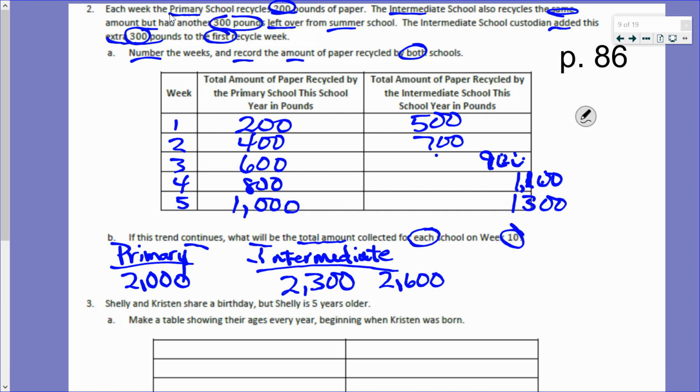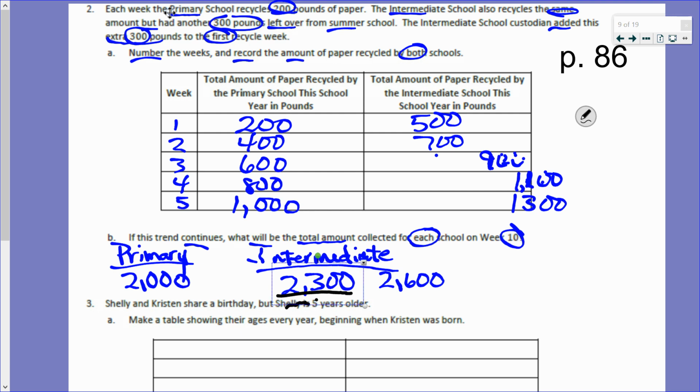Okay. Guys, the answer is 2,300. It's not just doubling. You gotta pay attention. Our relationship is this is always 300 bigger, right? So if it's 2,000, 300 bigger is 2,300.